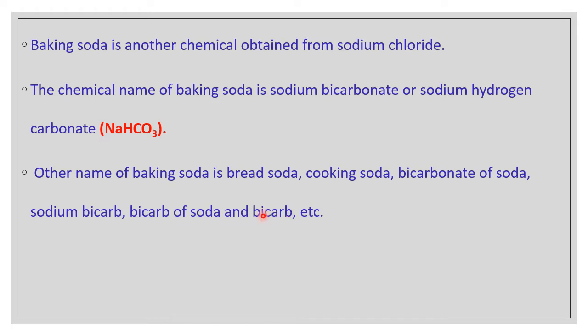Because this is very widely used in our day-to-day life, it is told with different nomenclatures in different areas, but today we call it what? Sodium hydrogen carbonate or baking soda. These two are the most common and most popular names for sodium hydrogen carbonate or sodium bicarbonate.